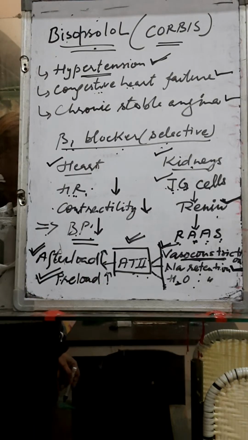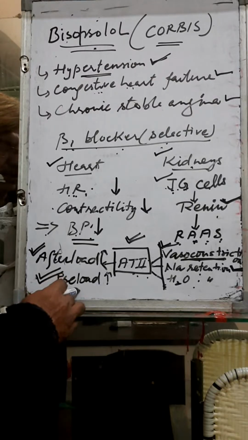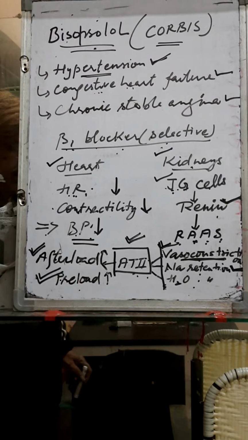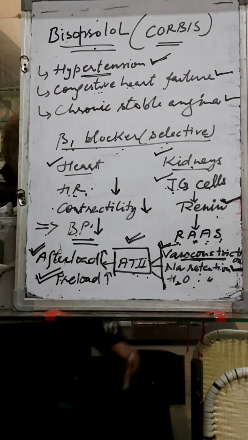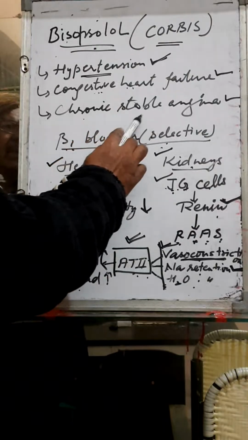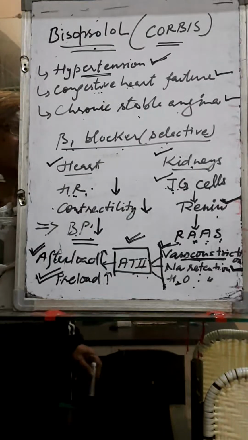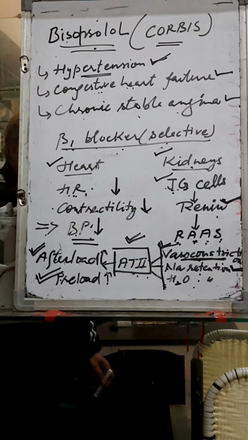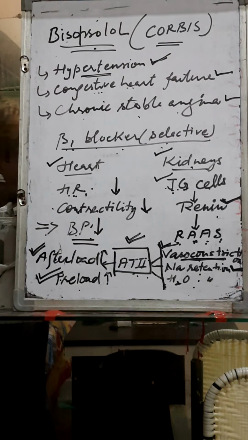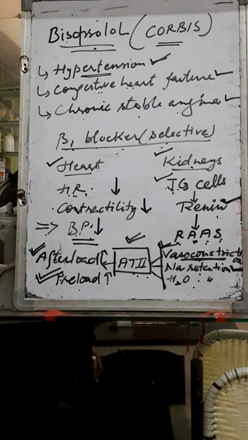Fluid volume is increased very much. So preload is increased, afterload is increased, which is a worse condition for congestive heart failure or chronic stable angina, because the required energy is not available to the heart.